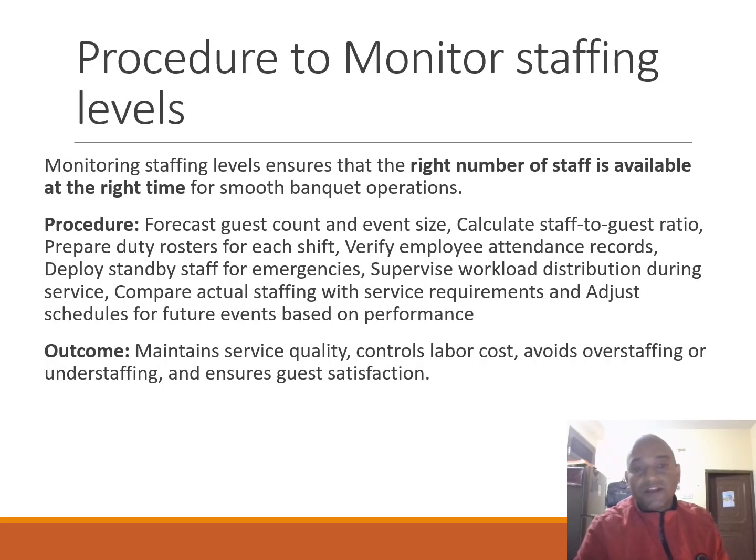Next up we are discussing procedures to monitor staff levels. Monitoring staff level ensures that the right number of staff is available at the right time for smooth banqueting operations.